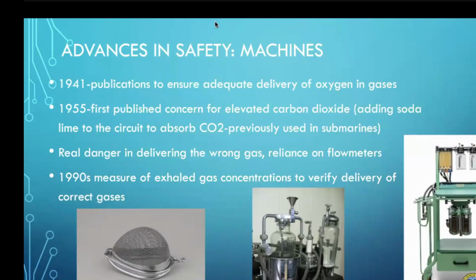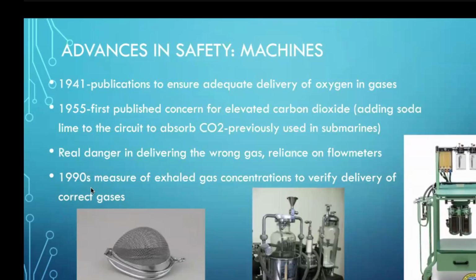Okay, so here's some machine safety. In 1941, the first publications came out to ensure that we were delivering adequate oxygen to patients. I don't know how many of you have had an anatomy class or have discussed gases and chemicals at this point, but just for an idea, the first anesthetics were ether, nitrous oxide, and chloroform.